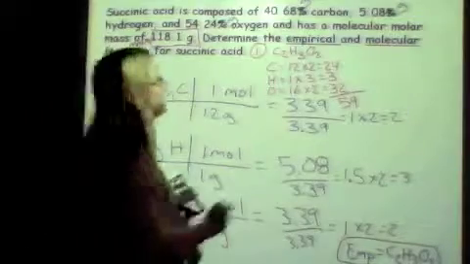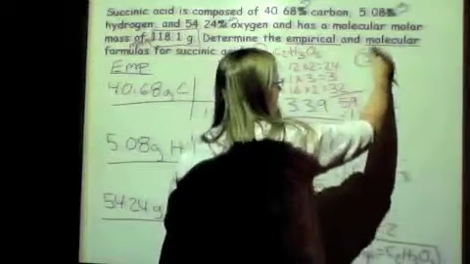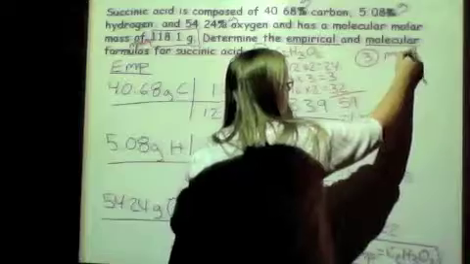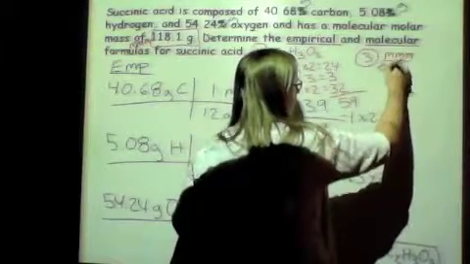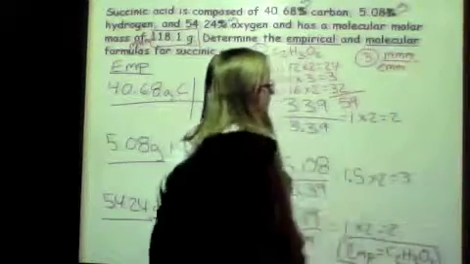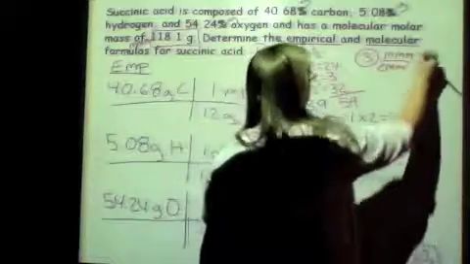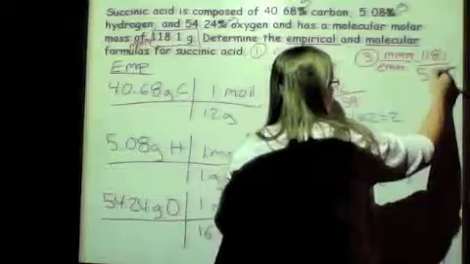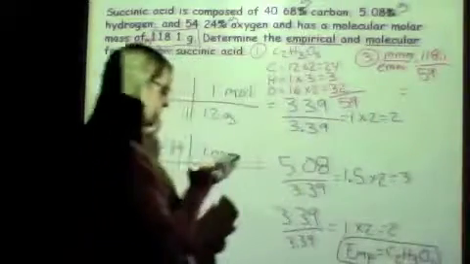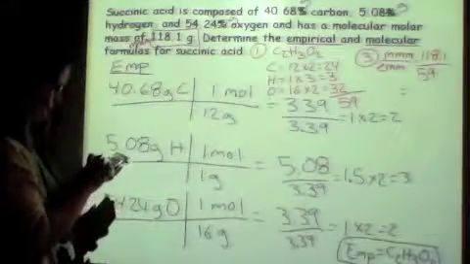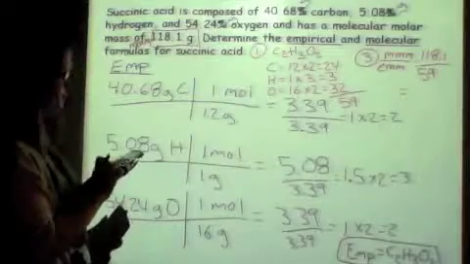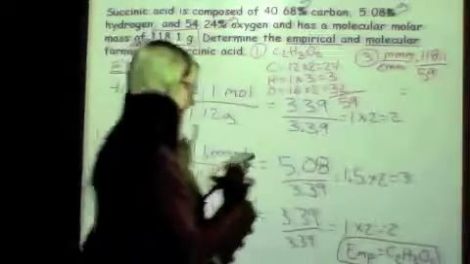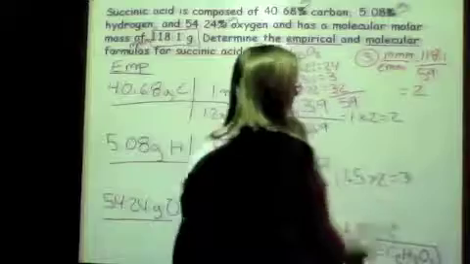Okay. Step 2 is to find the molecular molar mass, which is this gram value given right there. And then step 3 is to do the molecular molar mass divided by the empirical. So the molecular molar mass is the given, so 118.1 divided by 59, which gives you 2.